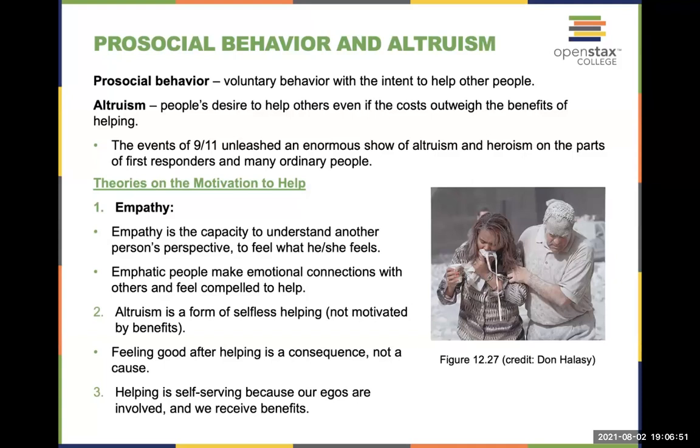And then altruism is that form of selfless helping that's not motivated by benefits. Feeling good afterwards is the consequence, right? It's not a cause. The other idea is that helping is self-serving because our egos are involved and we receive benefits.